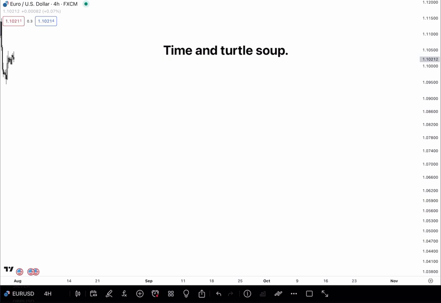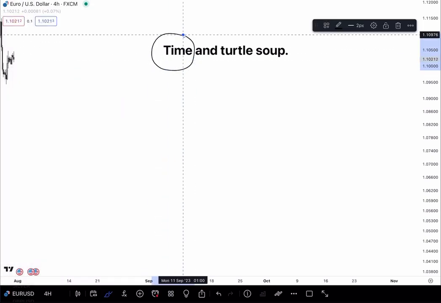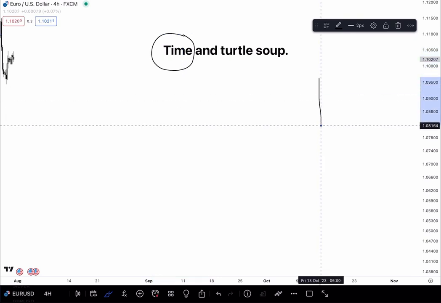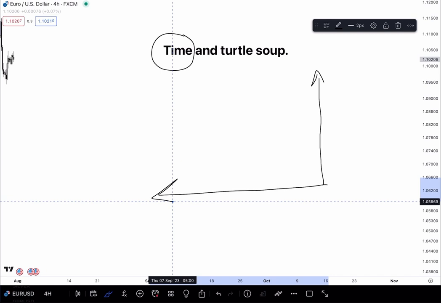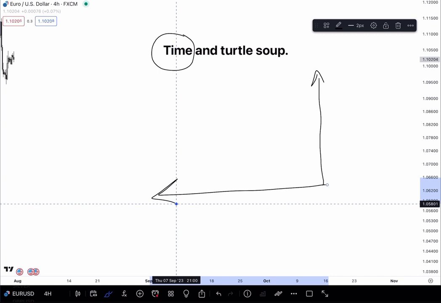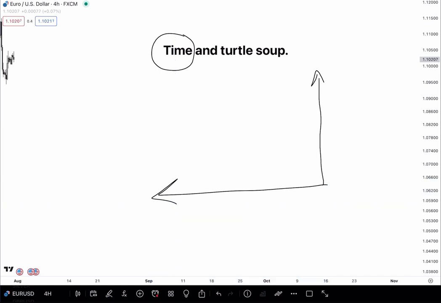Today, we will discuss time. We will delve a bit into the time aspect of the charts, because as we know, the charts are made of both an x-axis and a y-axis, right?